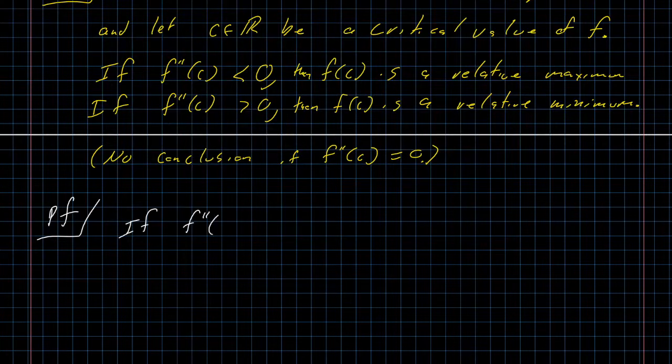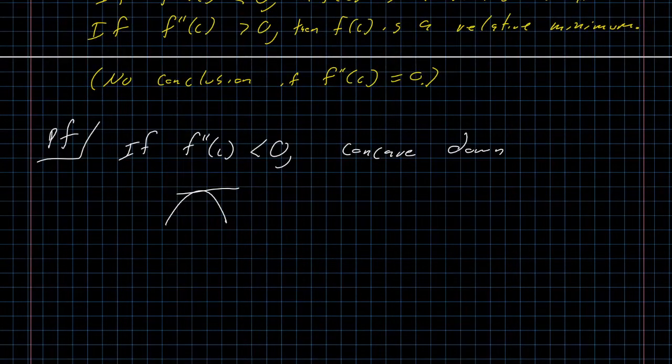If f double prime of c is less than 0, then that means that the function is concave down. A function that is concave down looks like this and has a minimum, never a maximum. I'm sorry. If it's concave down, it looks like this.